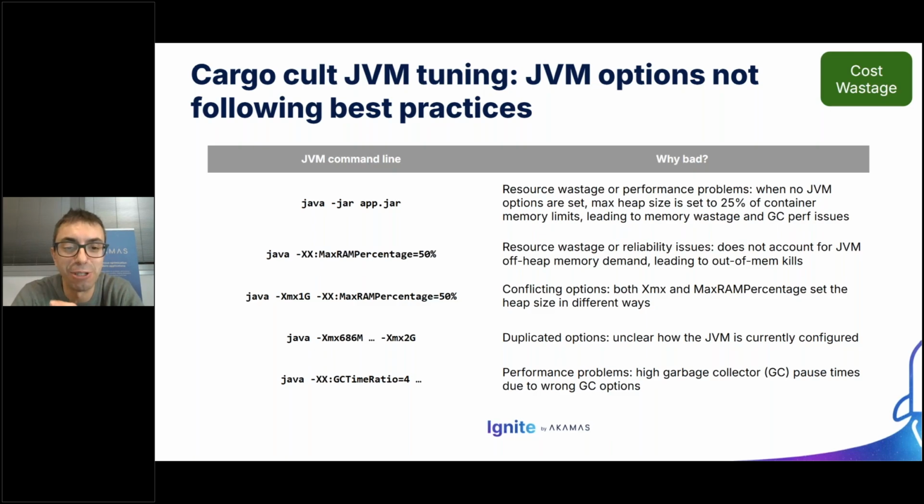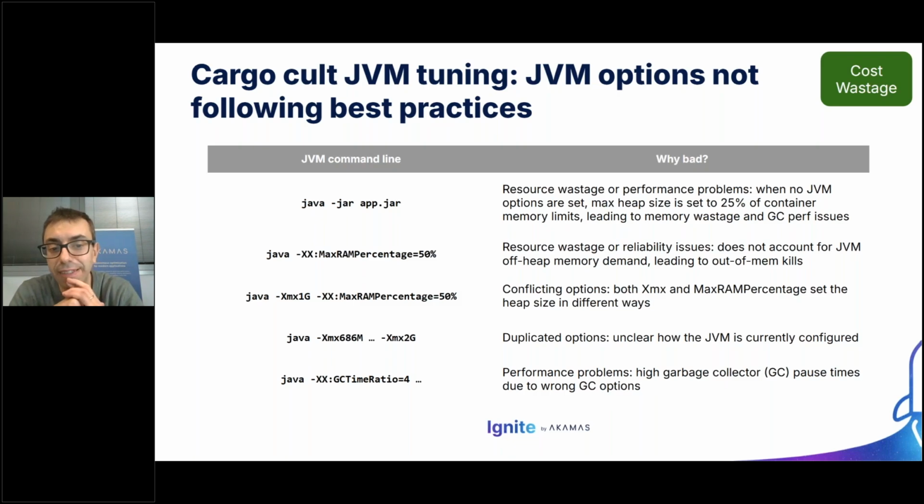Another practice which is very funny is what we call cargo cult JVM tuning, because we analyze a lot of JVMs and Java applications in the wild. We get to see hundreds and hundreds of Java command lines, and what we found there is pretty interesting and funny sometimes. The most common one is java -jar app.jar, just launching your app with default settings.